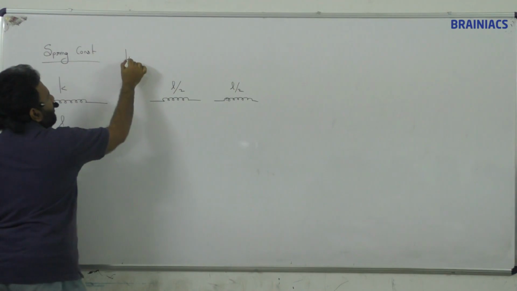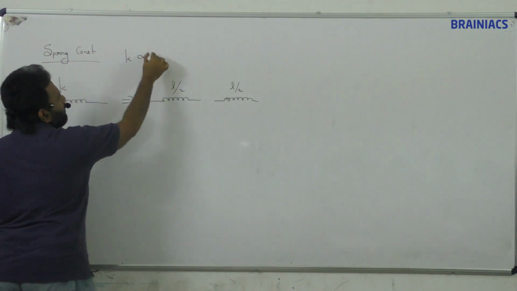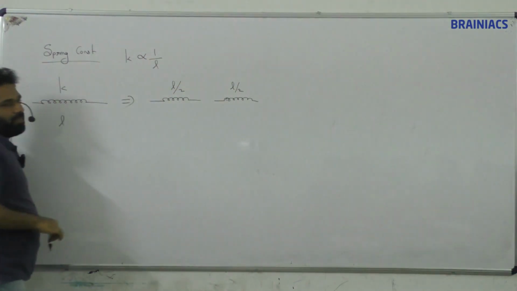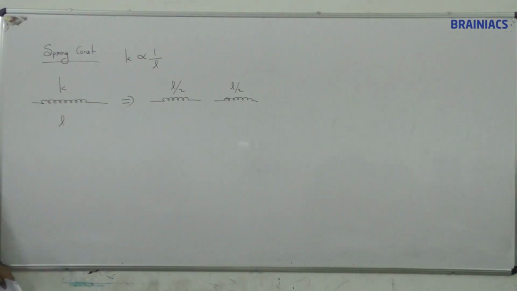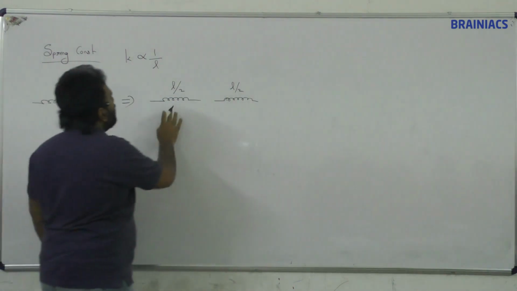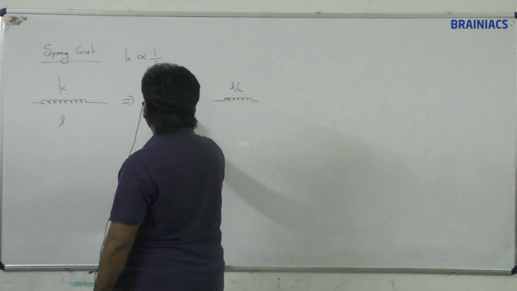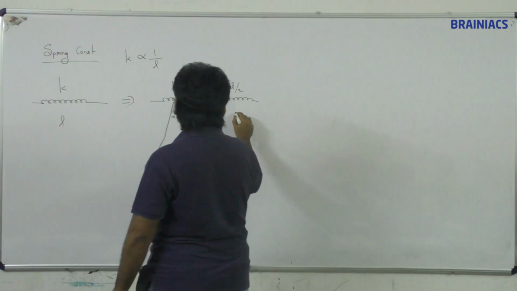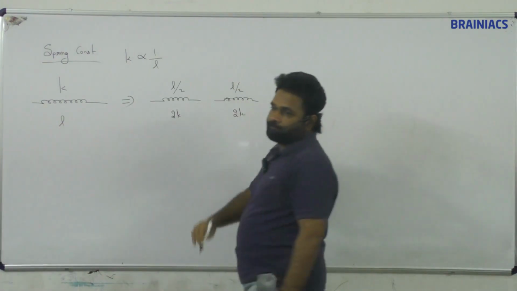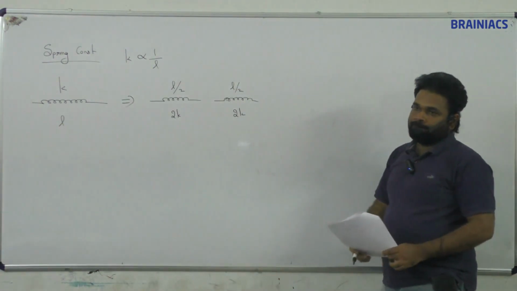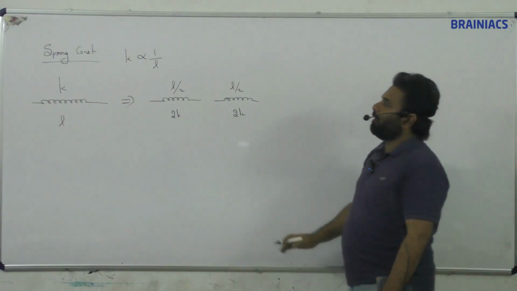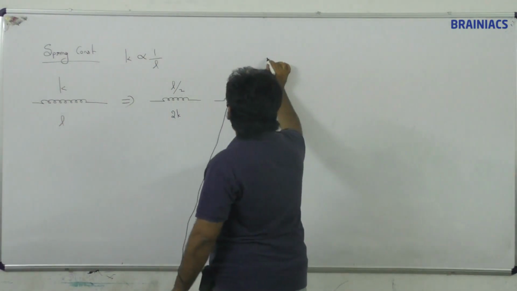So actually the spring constant K is inversely proportional to the original length of the spring, actually length of the wire. So if we divide this into 2, the spring constants will become 2K, 2K. Clear?